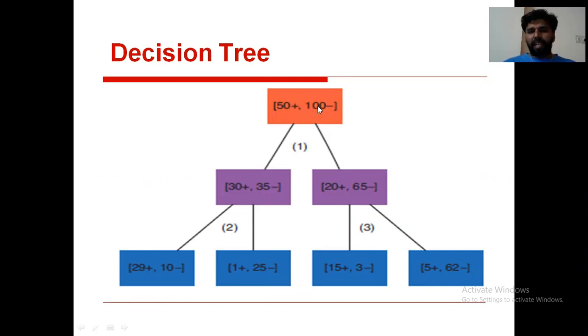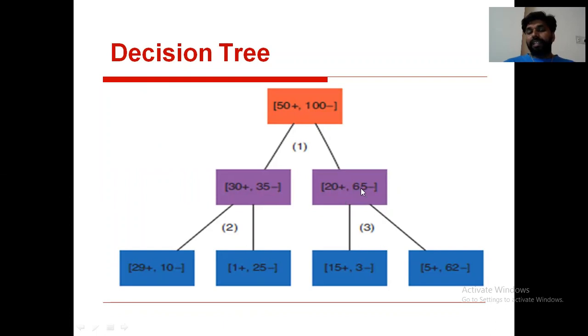These are split at the first split level into 30 positives and 35 negatives on the left side of the tree, and 20 positives and 65 negatives on the right side. In the second split, 30 positives and 35 negatives are divided into 29 positives and 10 negatives, and 1 positive and 25 negatives.